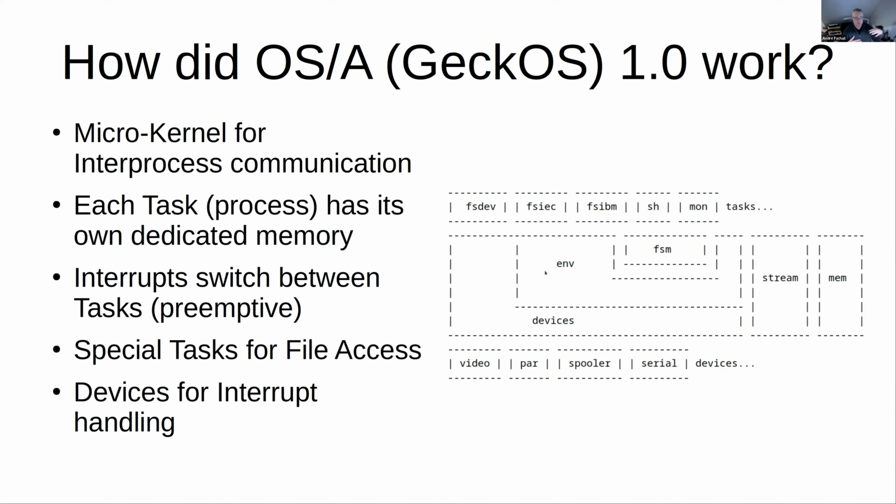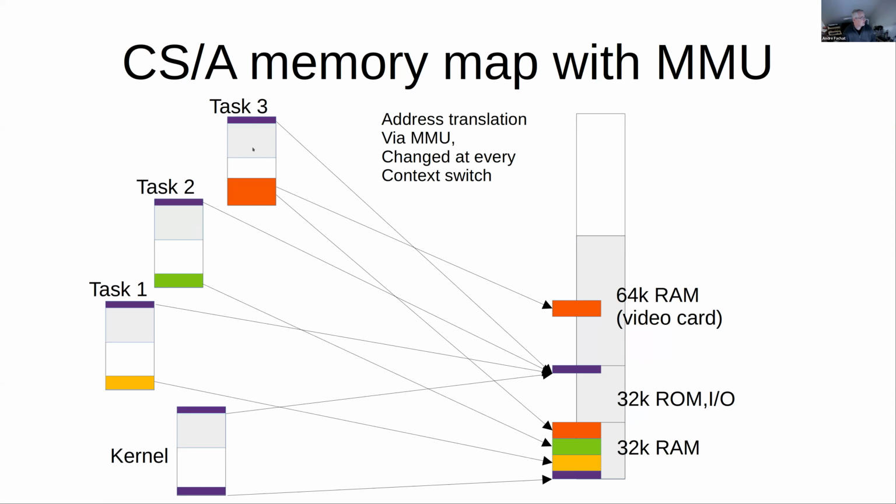It's the management of the memory areas, where each task had its own, what I call, memory environment. That's going to be more featureful in version 2, but I come to that later.